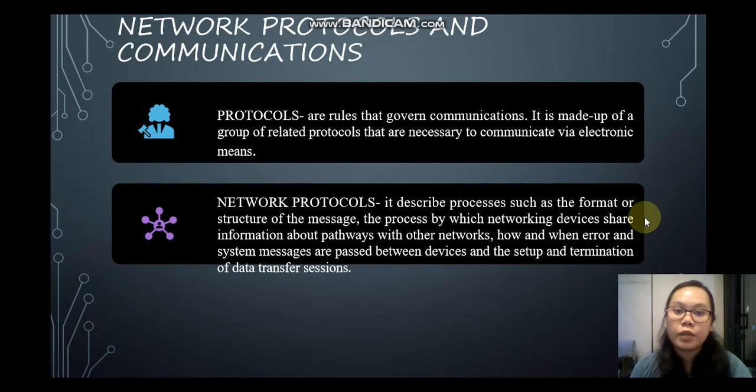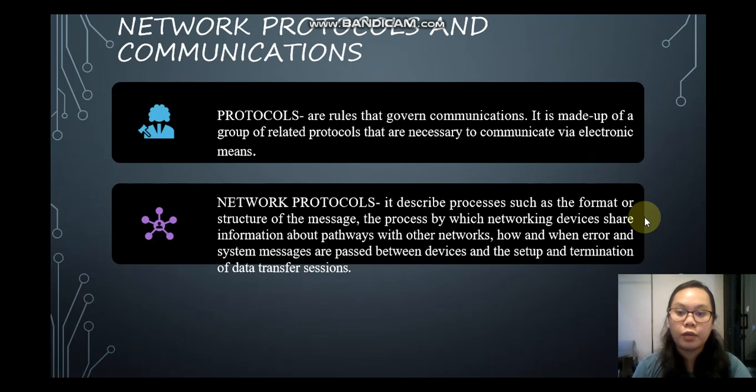Network protocols and communications. Protocols are rules that govern communications. A protocol suite is made up of a group of related protocols that are necessary to communicate via electronic means.